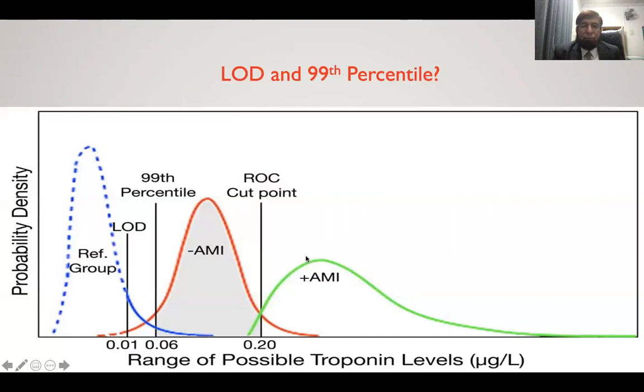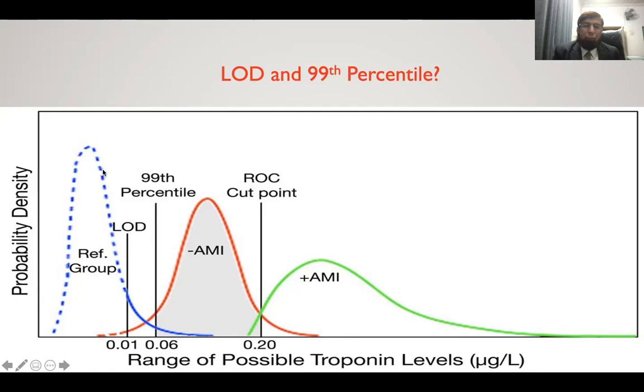This diagram is very interesting and very commonly used. You see, this is our reference group or reference population who are disease-free, and this is the frequency. In this axis, the x-axis, the troponin value is increasing.